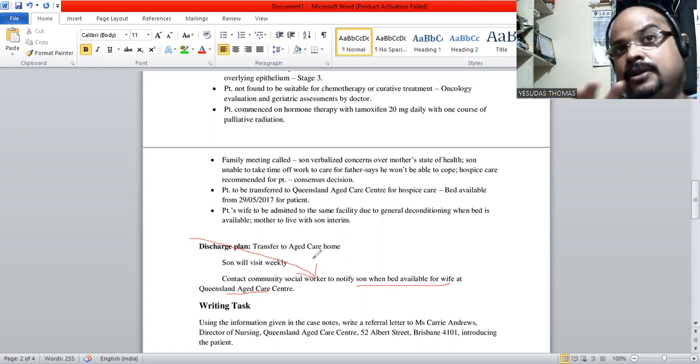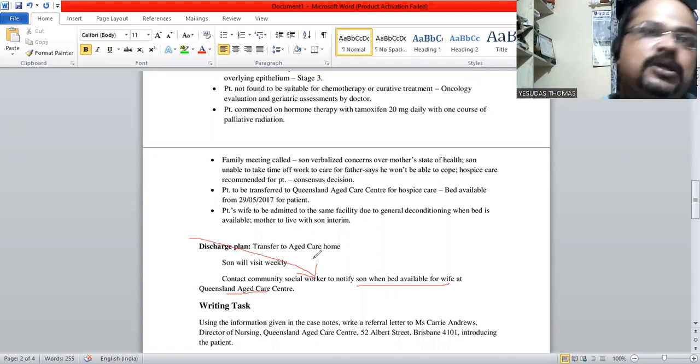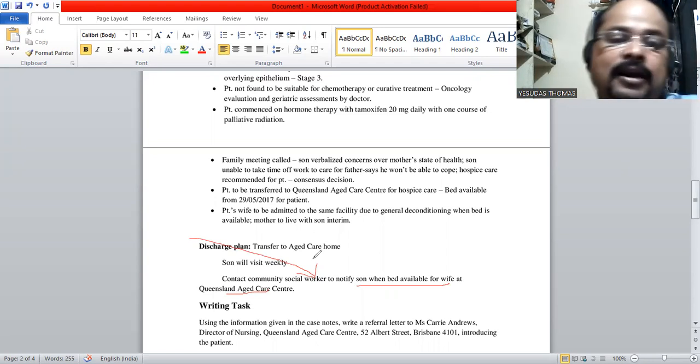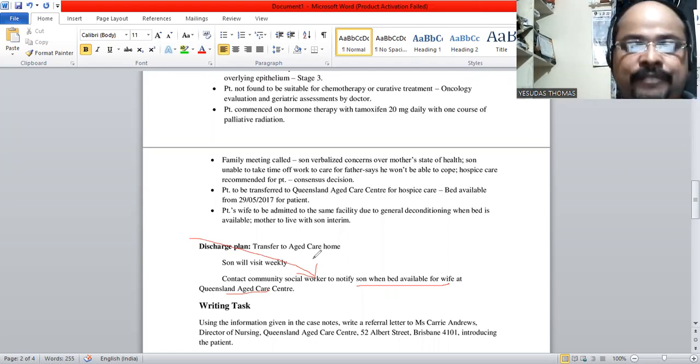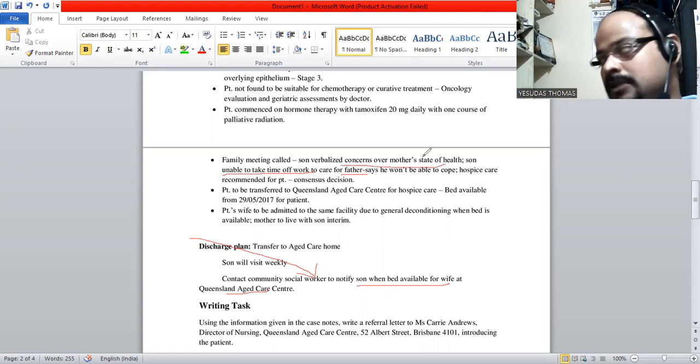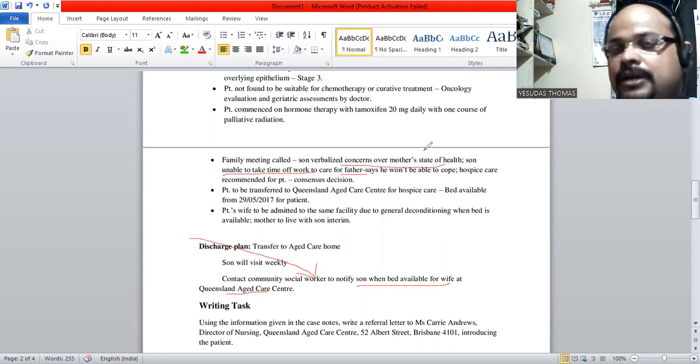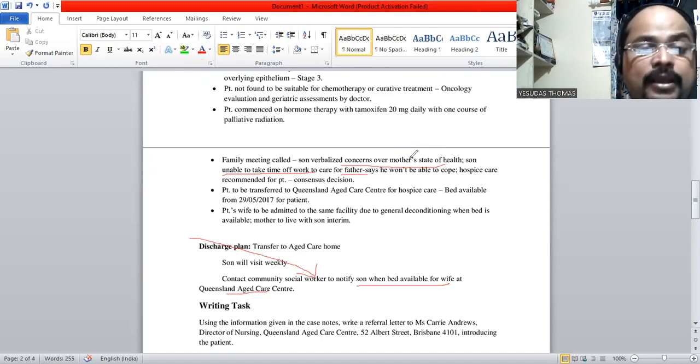This is the reason why both are transferred: Mr. Joseph Nutt, the son, is unable to take time off work for his father. The mother's state of health is also deconditioned. So he hardly can take time off work.